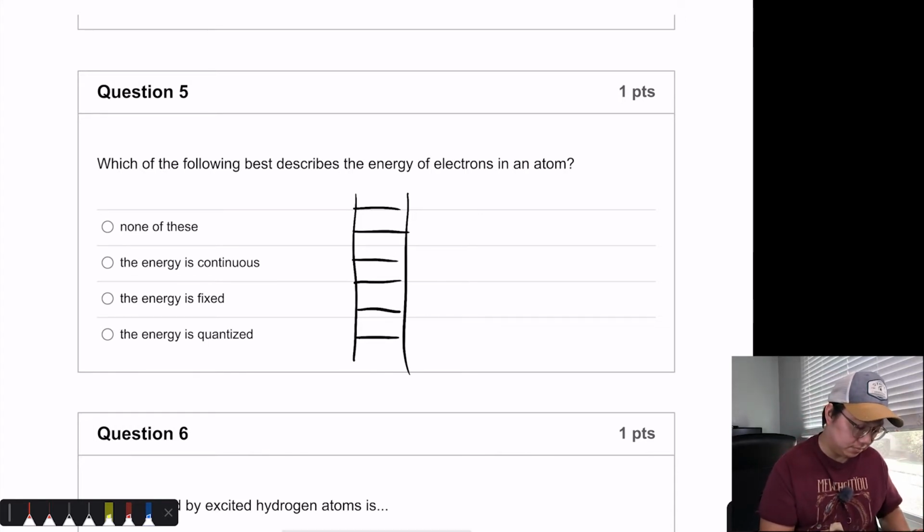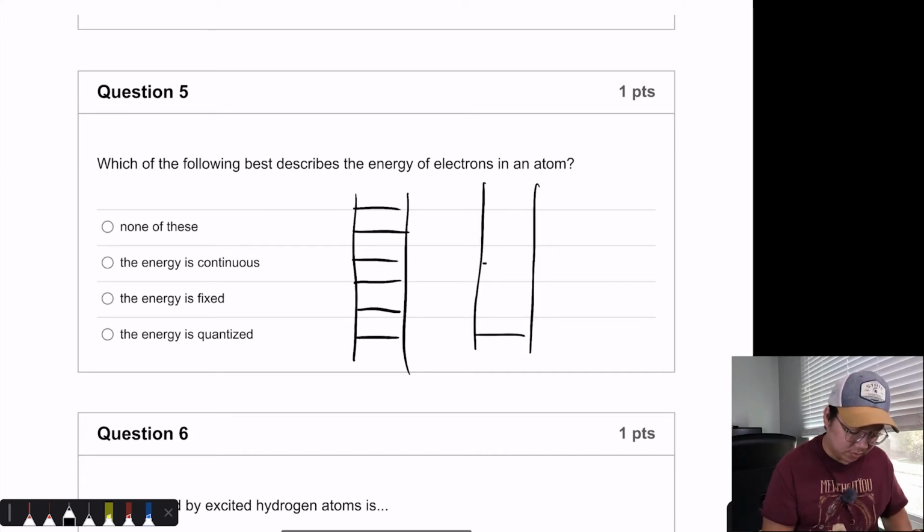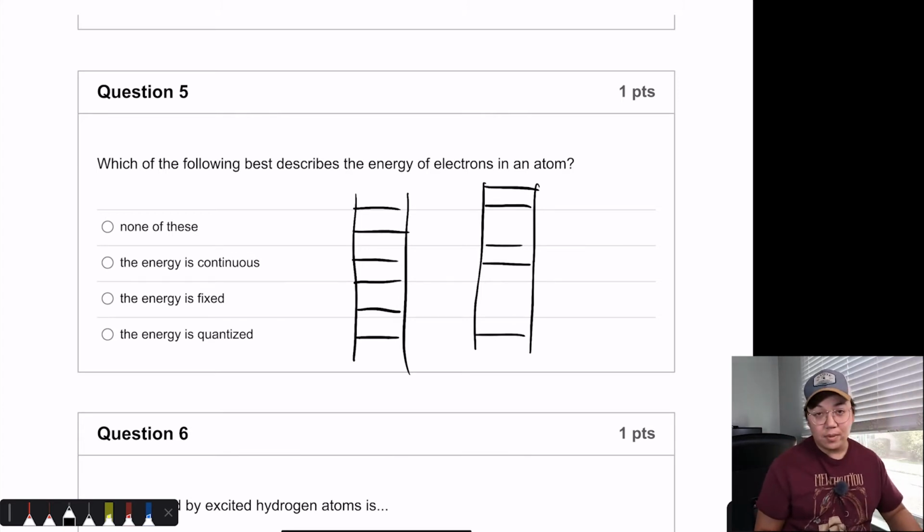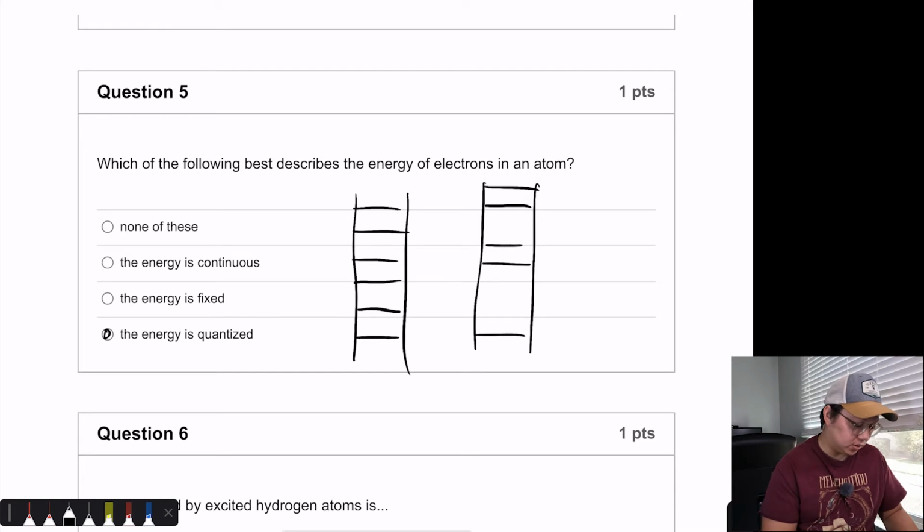Except in an atom, if our energy rungs look more like this, so you can either stand here, expertly drawn feet, or you can stand on a higher one, or you can go to a lower one. So that is what quantized means. So the energy of electrons in an atom is quantized.